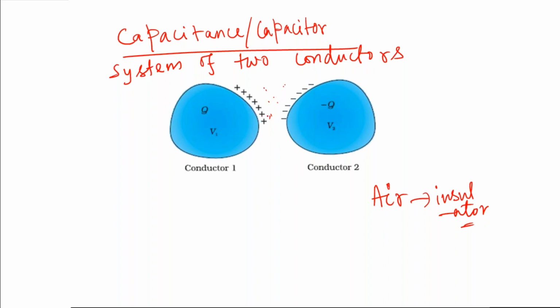The dielectric materials we have learned in the previous section are some kind of insulators, so we generally use dielectric material in between the two conductors. And one more thing you have to notice: two conductors are there, conductor 1 and conductor 2, and in general you can take any charge on both conductors, and still they will constitute a capacitor.